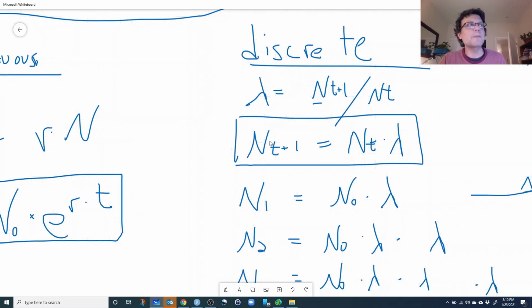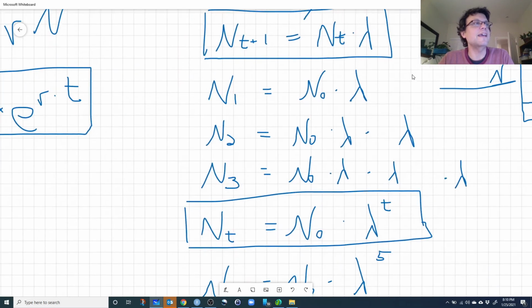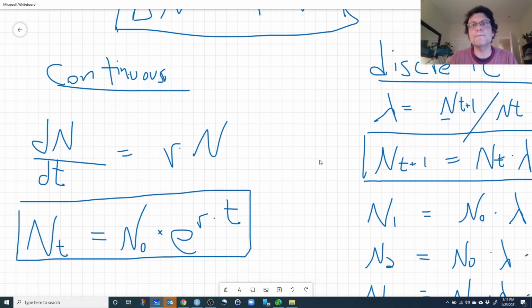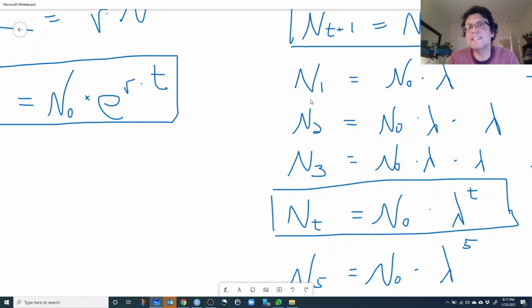In a discrete population, the population size 1 year from now is equal to the population size now times lambda. And the population size at time t is equal to the initial population size times lambda to the tth power. All right. So those are the basic equations of exponential growth. All of these equations represent exponential growth, and we will explore these equations more in lab today or this week.